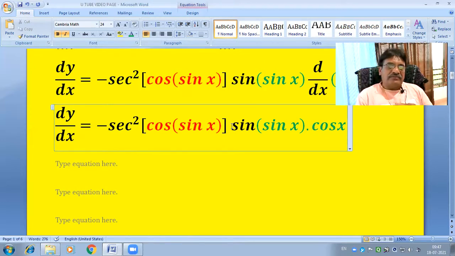In this way we solve problem number 11 from exercise 1.1, unit differentiation, from Mathematics Part 2.